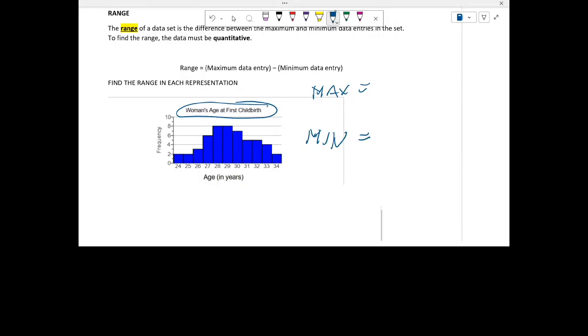I'm not concerned about how many people had their first child at 24. I just want to know the range in ages. What was the oldest woman here? 34, right? And the youngest woman was, okay, so would you all agree that our range is going to be 10? There we go.